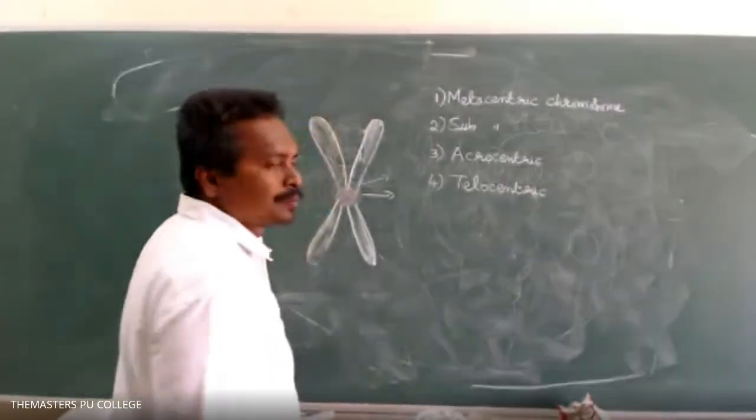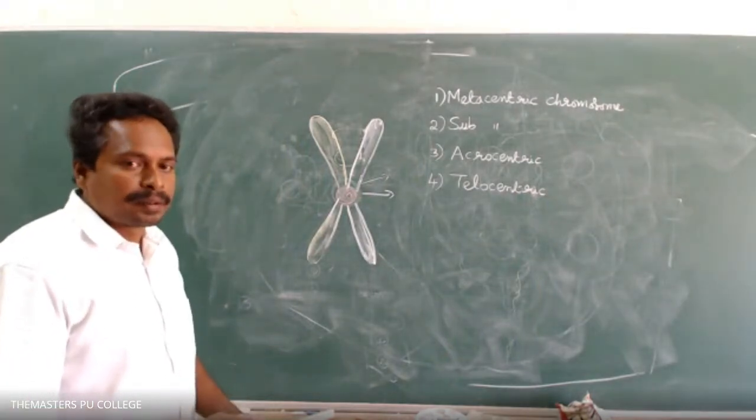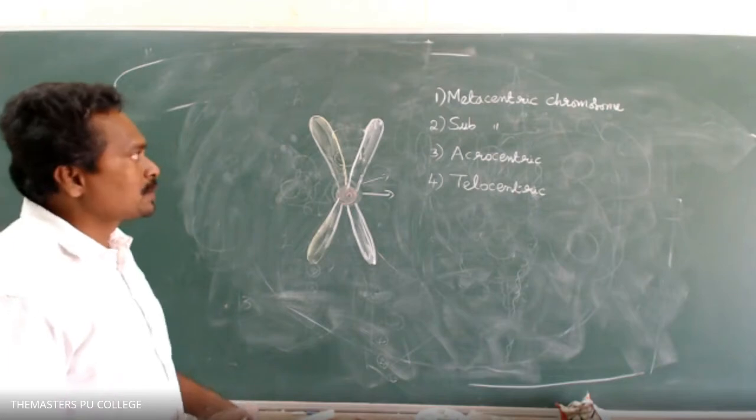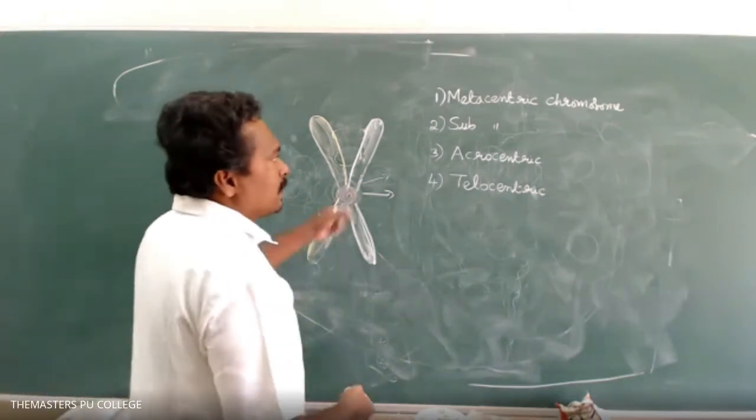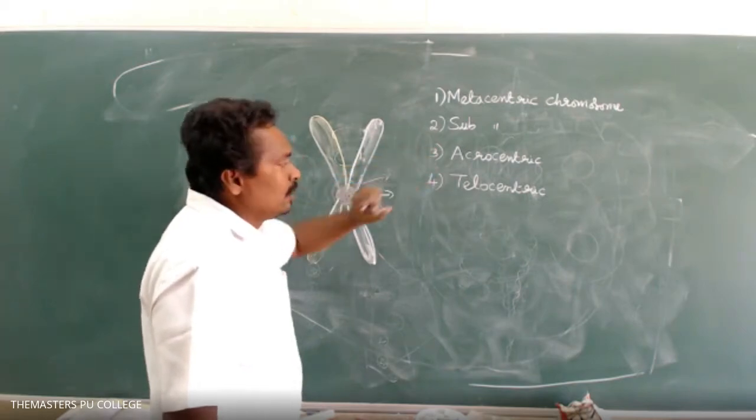How many types of chromosomes are there based on position of centromere? Four types, sir. Metacentric, submetacentric, acrocentric and telocentric chromosome.